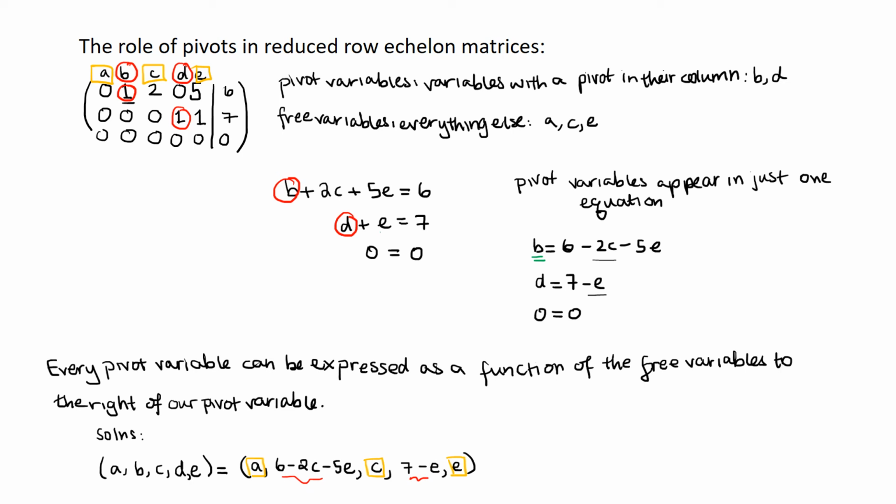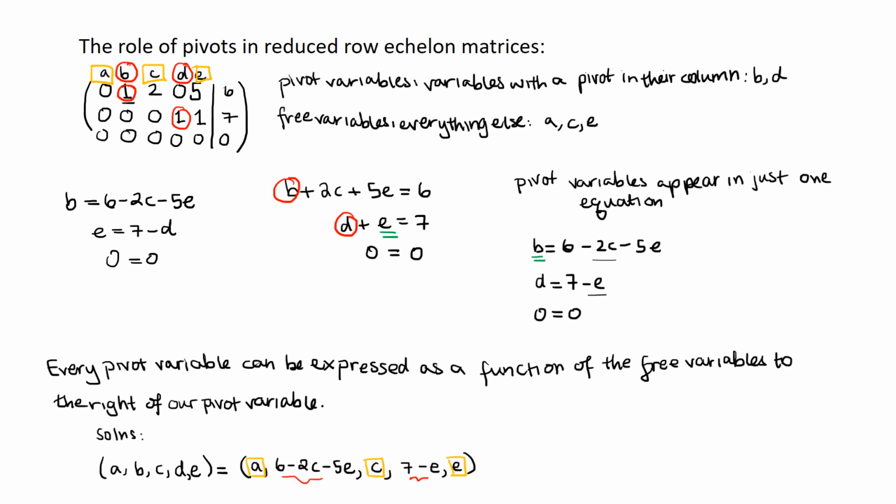In contrast, if, for example, we had decided to solve for E in this expression, we would get that E was equal to 7 minus D, and B is equal to 6 minus 2C minus 5E. So we could have two equations, or three equations here, where E is occurring in two of them. So B secretly also depends on D, so B is a function of C and D.